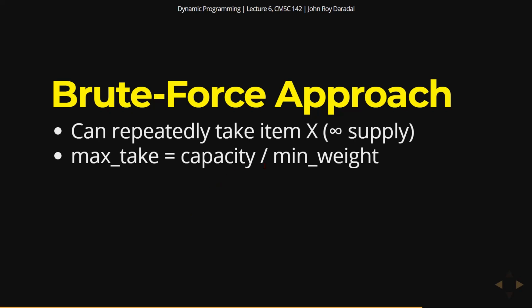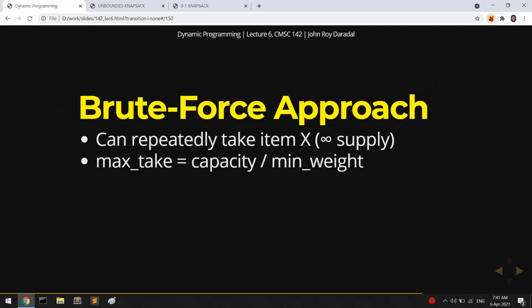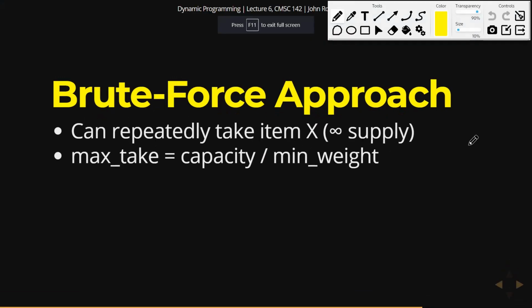So for example, if we have a capacity of 10, and we have, let's say, 3 items, A, B, and C, and this one has 2 kilos, 3 kilos, and 4 kilos. How many times could we take each item?